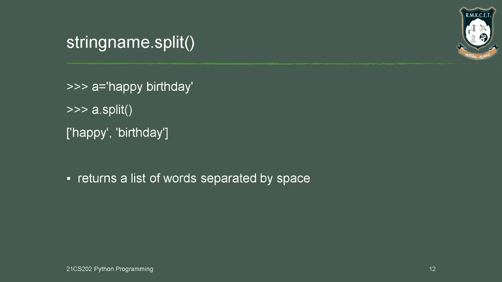One thing you have to remember is that the two words have to be separated by a space or white space. If the two words have an underscore in between, that will be considered a single word string. If the two words have a white space in between, they will be split into a list of words.